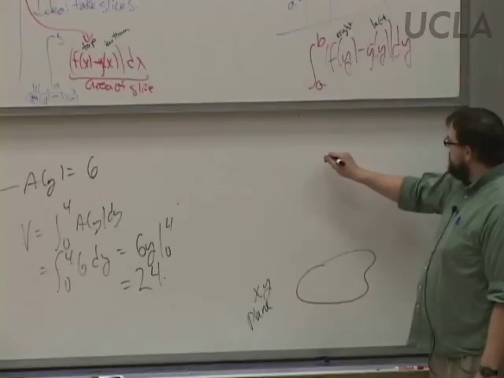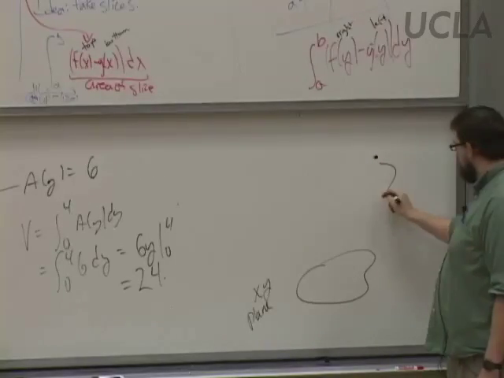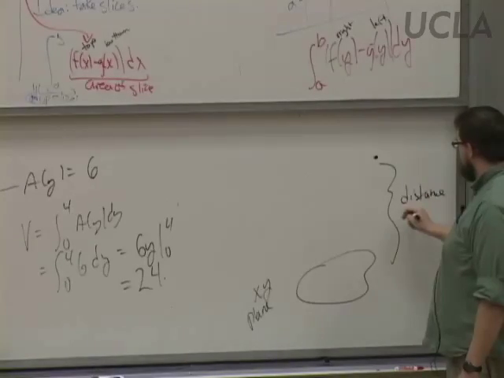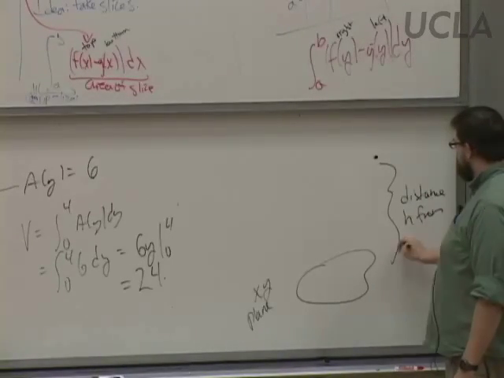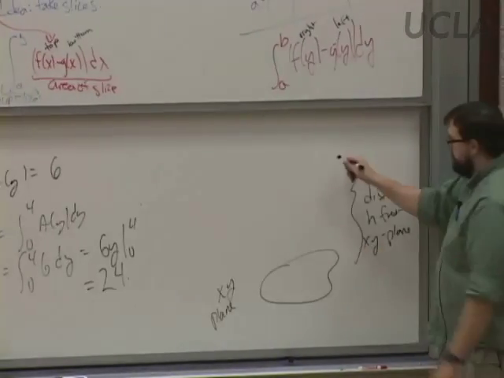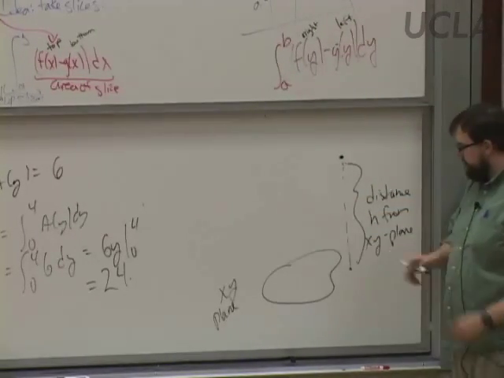And then I pick a point somewhere up here, which has distance h from the xy plane. So in other words, if I were to drop straight down, it'd be length h. That's what I mean by this distance.